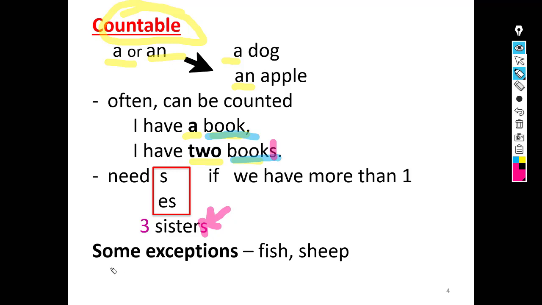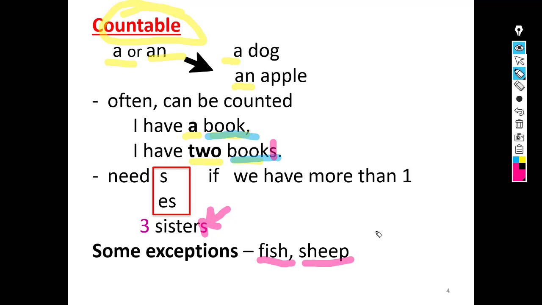And then in English, there are some exceptions, and we haven't got any plural forms, like fish and sheep, and I have got lots of examples about it. I can say 5 fish, or I can say I have a fish.